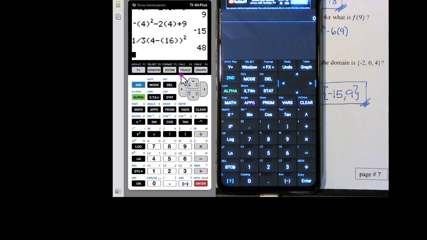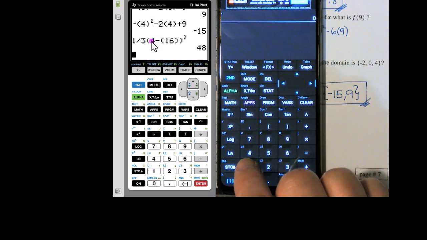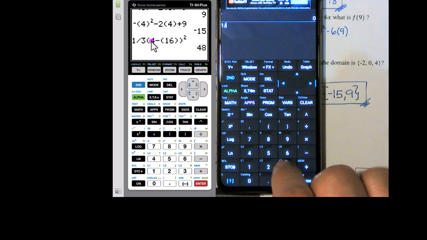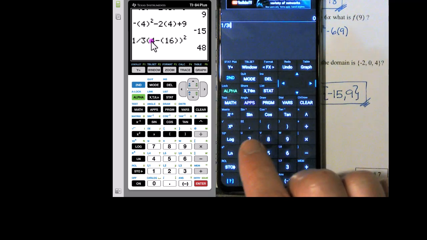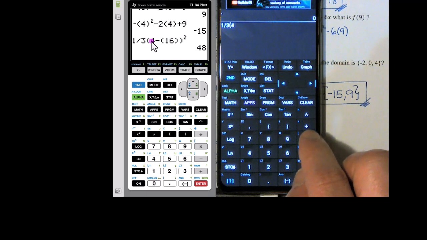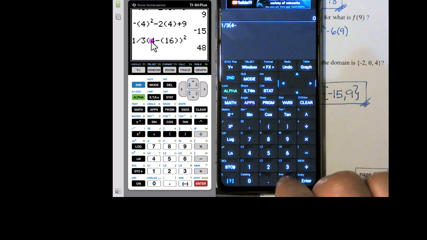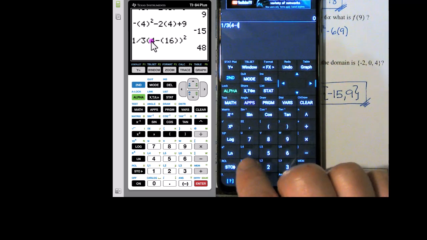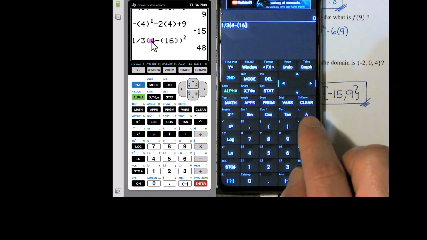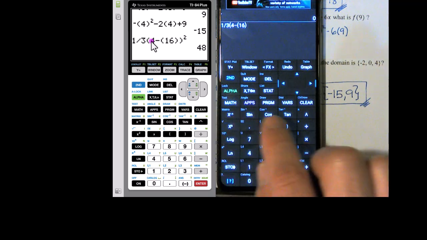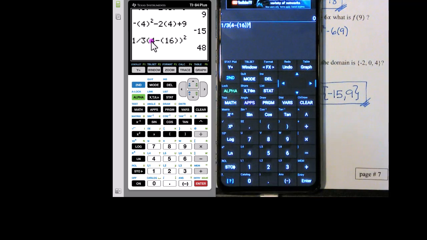Okay, so if you notice right here, we did this problem right here, 1/3. So we're going to do the same thing, 1 divided by 3. And then we put parentheses, 4 minus parentheses 16, close parentheses, and close parenthesis again, and square.